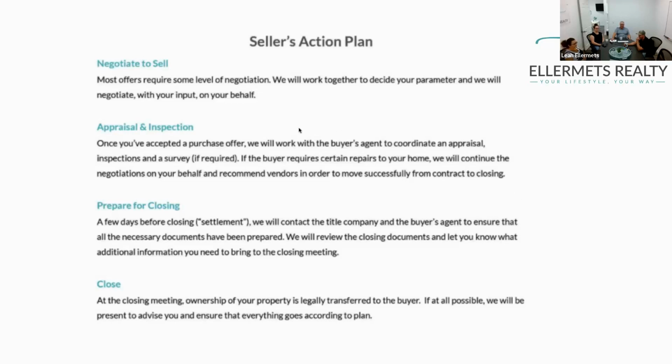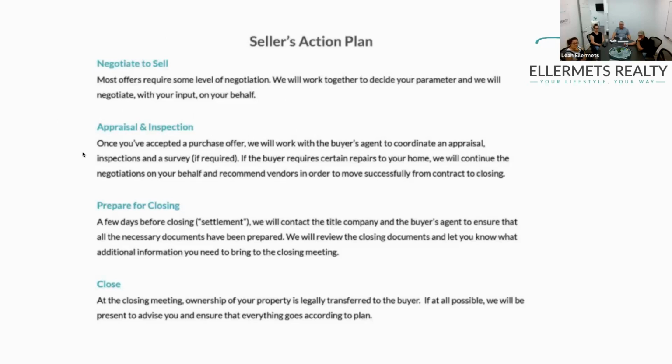Okay, so the seller's action plan, that was what we were talking about back there. Number one, negotiate to sell, right? We're working on negotiations even after we're in contract. Of course, you're having your inspections, and you may go back to the negotiation table depending on what they find. How about appraisals and inspections? We need to know if a home is going to appraise.